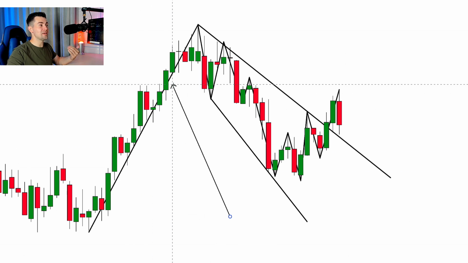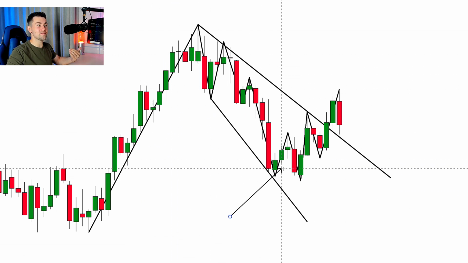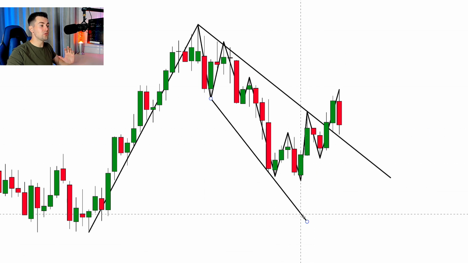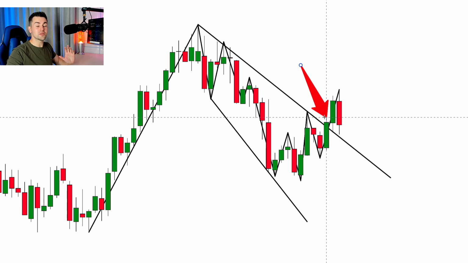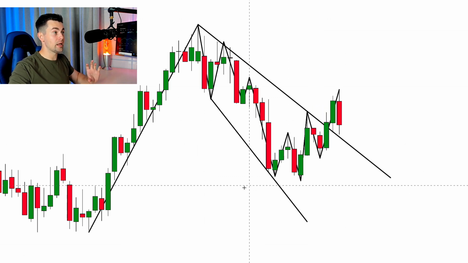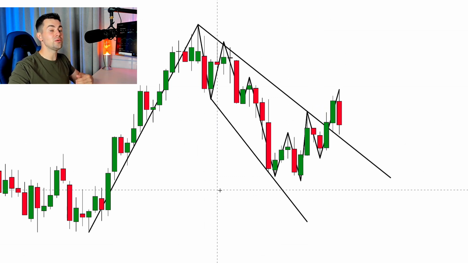Here is the flagpole, and here is the flag itself. And you can see that after the local consolidation within the flag, last week the resistance of the flag was broken. And as we know, it is a very important bullish signal, and it will most likely lead to a further bullish continuation on the dollar index.